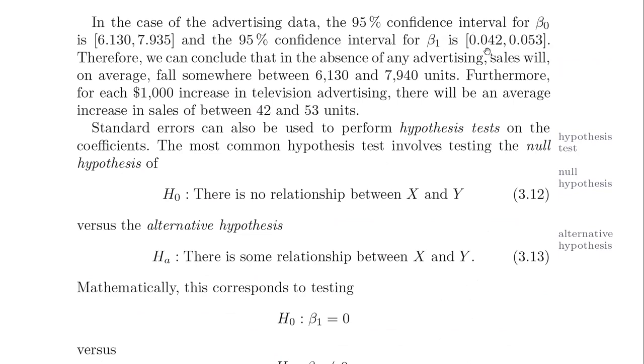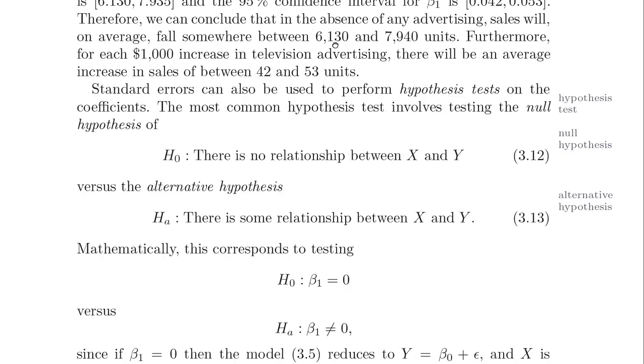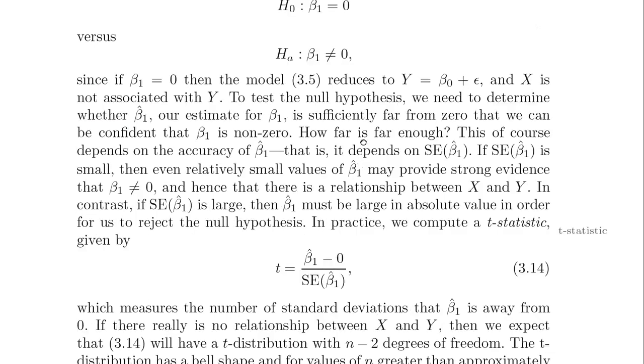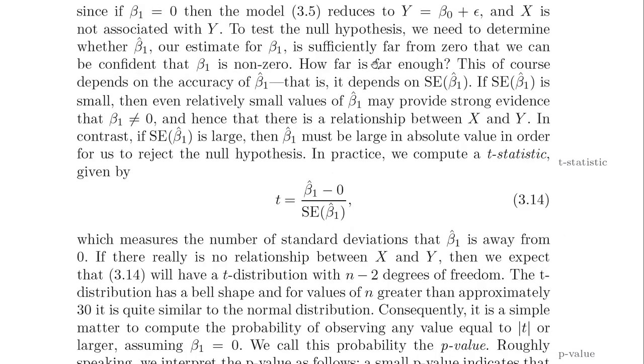No. And that's an indicator that there is a relationship between the marketing budget and the units sold. It is sufficiently far from 0 that we can be confident that beta 1 is non-zero.